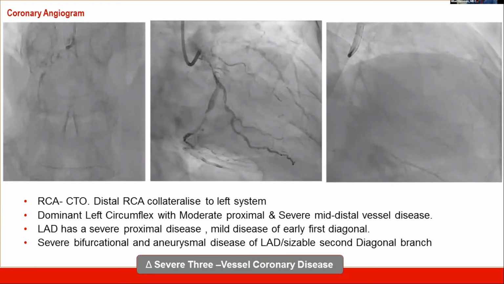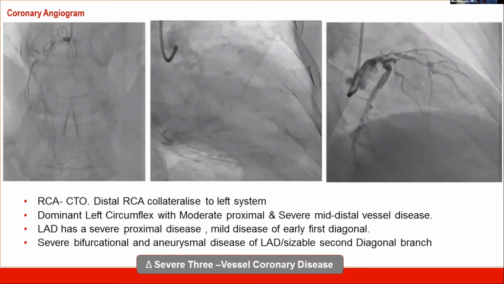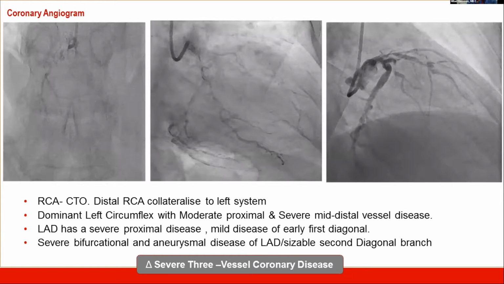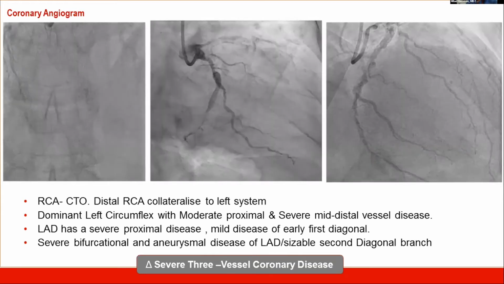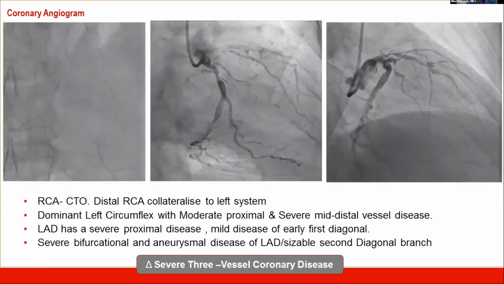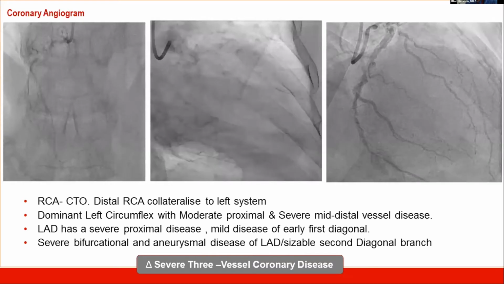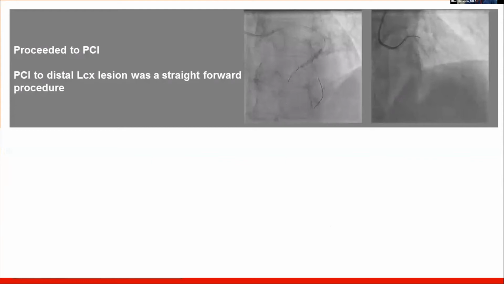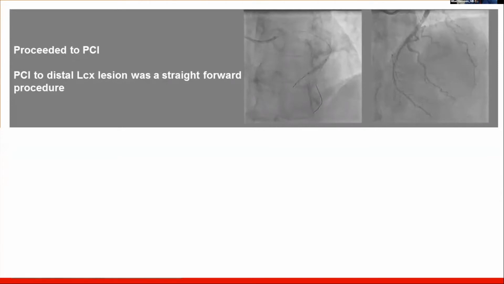So to sum up, it's a severe three-vessel disease, and we discussed with the patient the option of going to surgery. The patient was quite clear that he was not keen on having surgery, and he would like to be treated quickly. So we proceeded to PCI of his CIRC, which we believe is the culprit lesion, and it was a straightforward PCI.